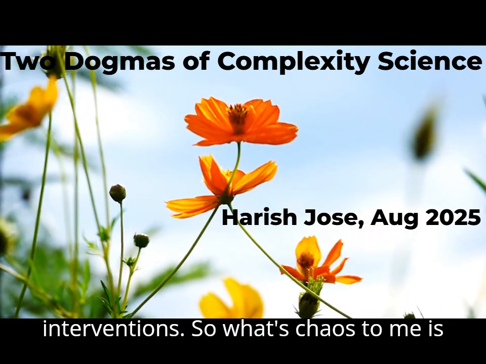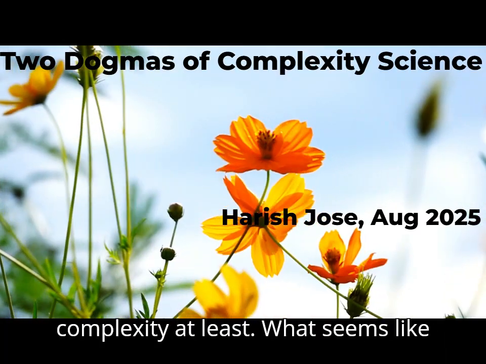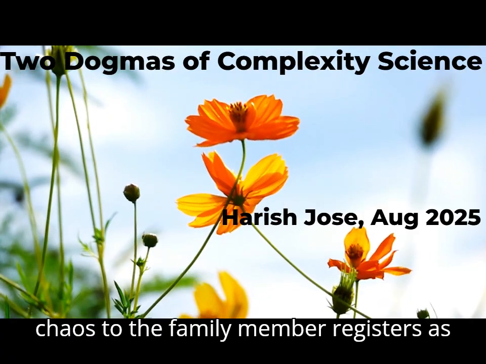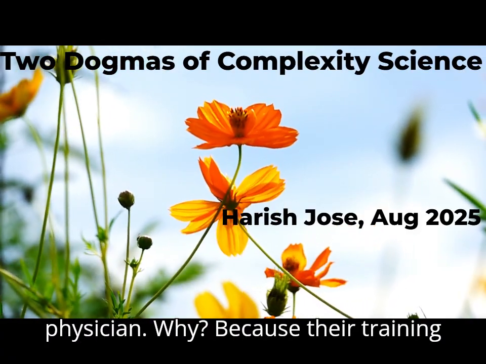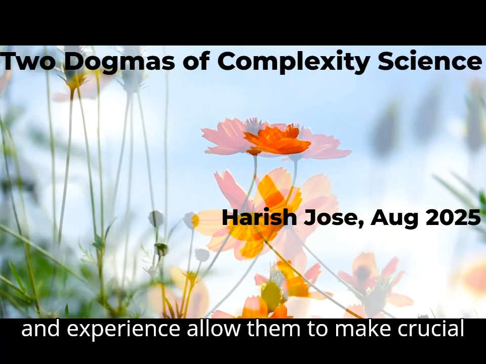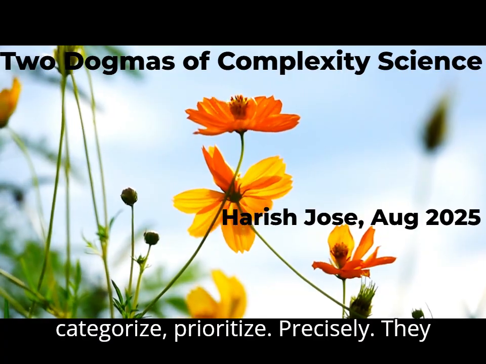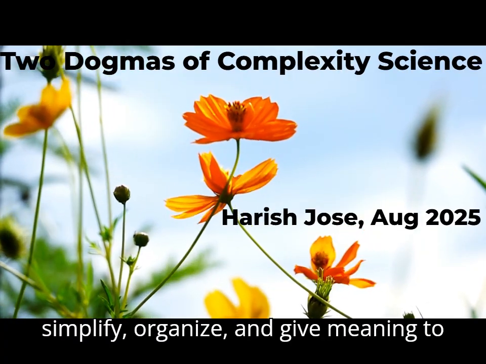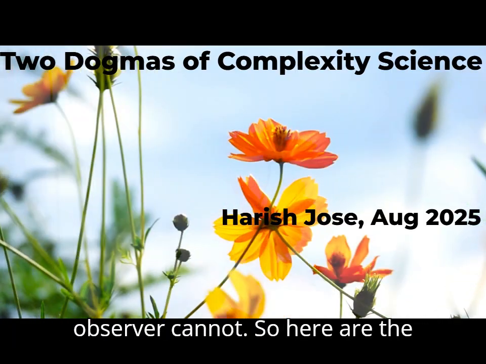So what's chaos to me is information to them. Or manageable complexity, at least. What seems like chaos to the family member registers as something they can navigate for the physician. Why? Because their training and experience allow them to make crucial distinctions. They can filter, categorize, prioritize. Precisely. They simplify, organize, and give meaning to the environment in a way the untrained observer cannot.